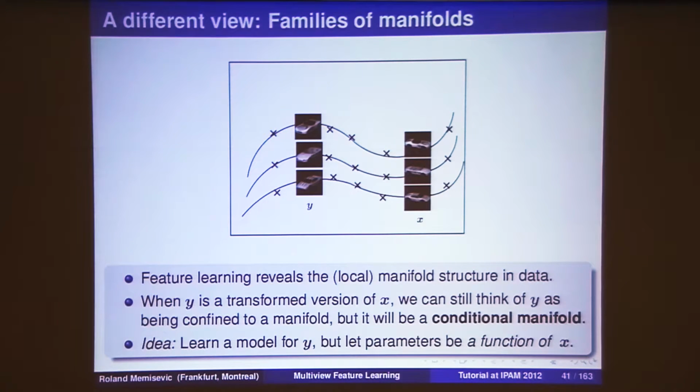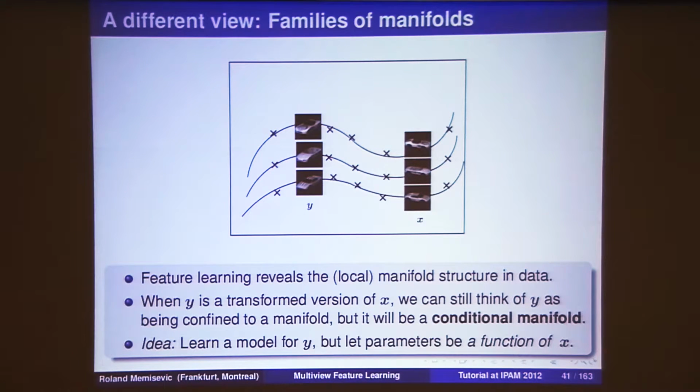So we can think of this whole set of manifolds that we get as a result of looking at the transformation class as a conditional manifold, basically. Whenever you plug in an x, you will get a manifold of the transformations caused by transforming that image x accordingly. If you plug in another x, you get another manifold.